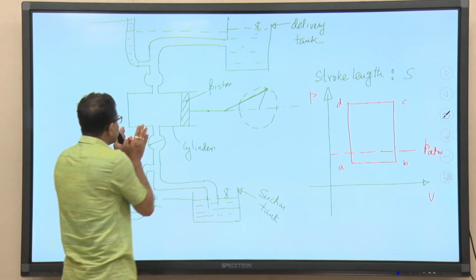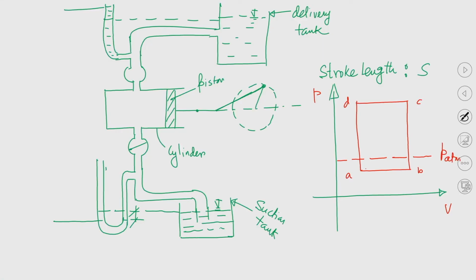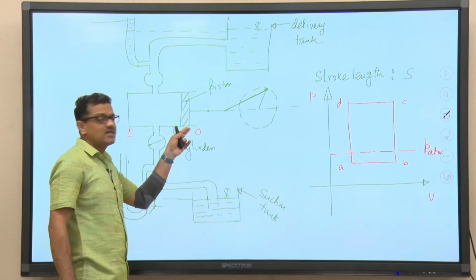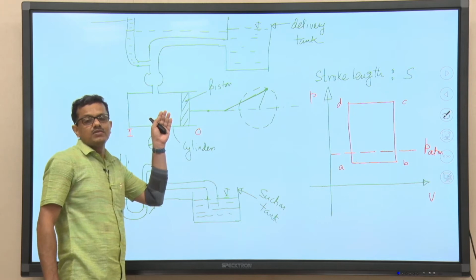We have discussed that when the piston is at the cylinder inner end, this is I and this is O. So, this is the cylinder inner end and this is the cylinder outer end. At the beginning of the suction stroke, the piston will be very close to the cylinder inner end. Now, when the piston is moving towards the outer end, the pressure inside the cylinder will reduce.